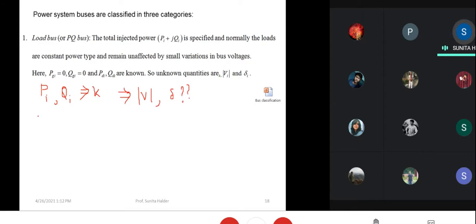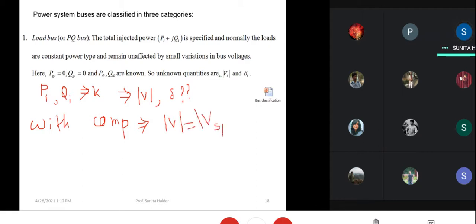But there may be some load bus with a compensator. What happens when the load bus has a compensator? Then its voltage is kept constant. We have learned compensation by maintaining the voltage drop. So in that case, magnitude of V is constant.